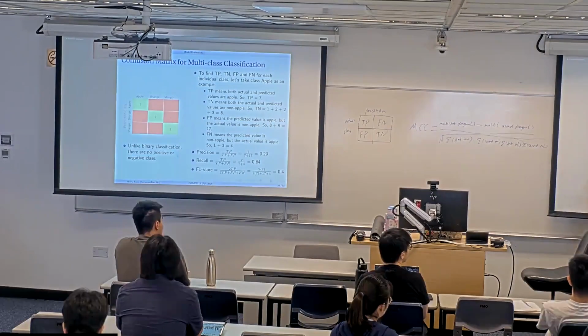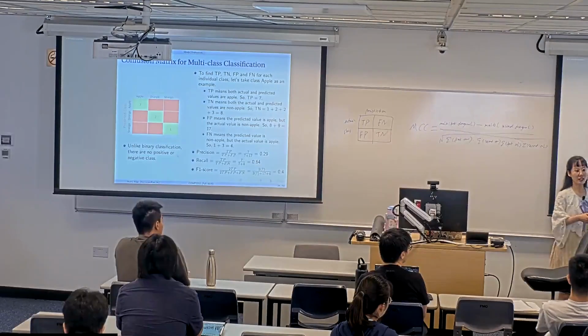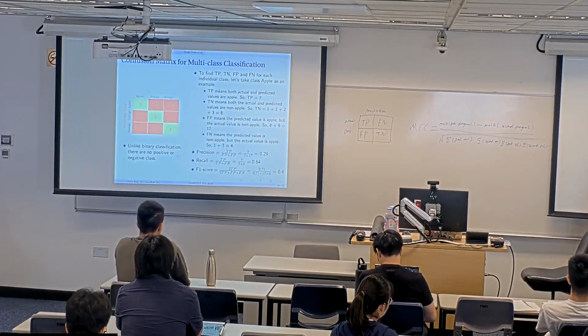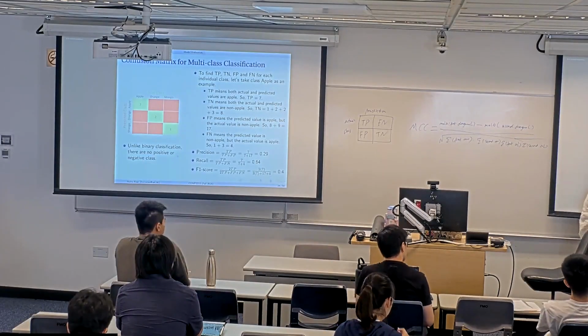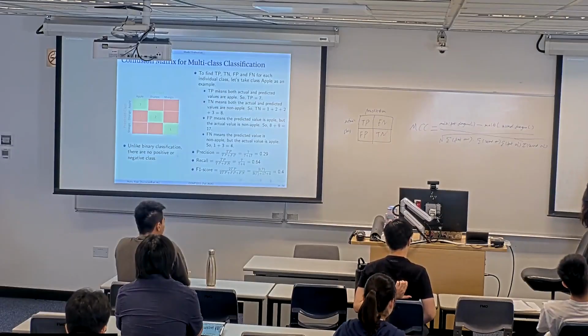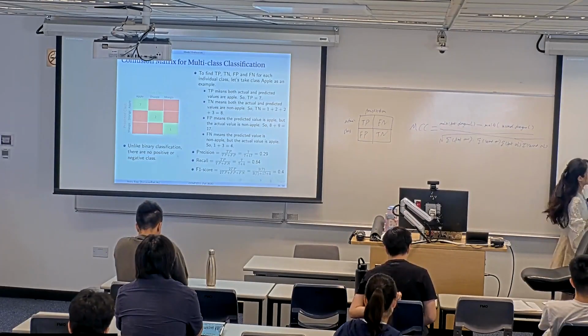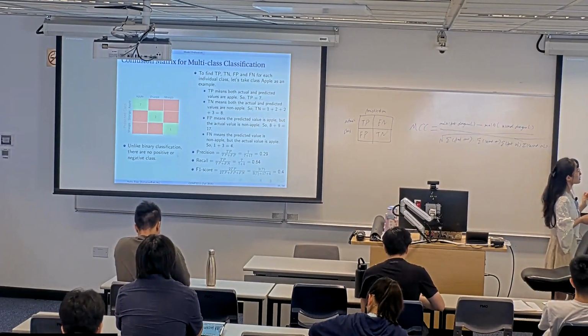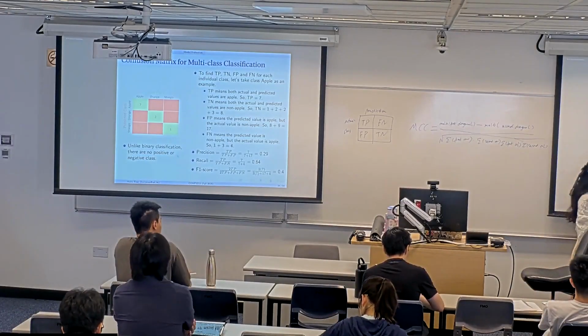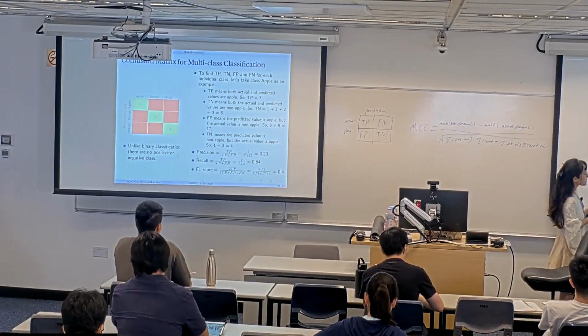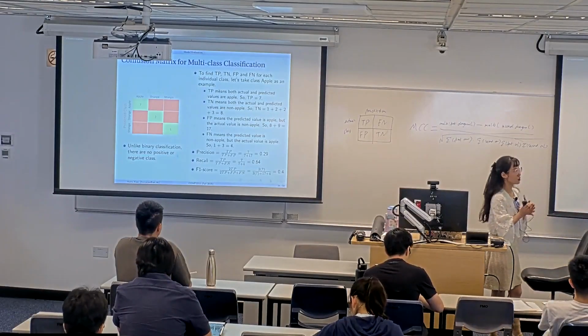Like these 2 entries are wrong predictions, but it doesn't matter. If we only care about the class apple, it doesn't matter. For class apple, anyway, they are correctly predicted as not apple. So for the true negative for apple, we still count this submatrix. Okay, these 4 entries, now the true negative should be 8, just simply the sum of this submatrix.